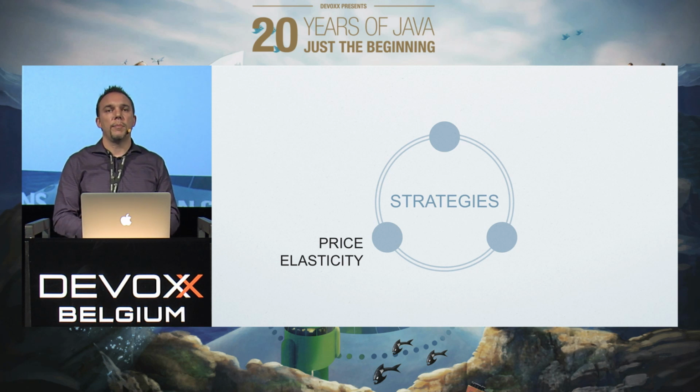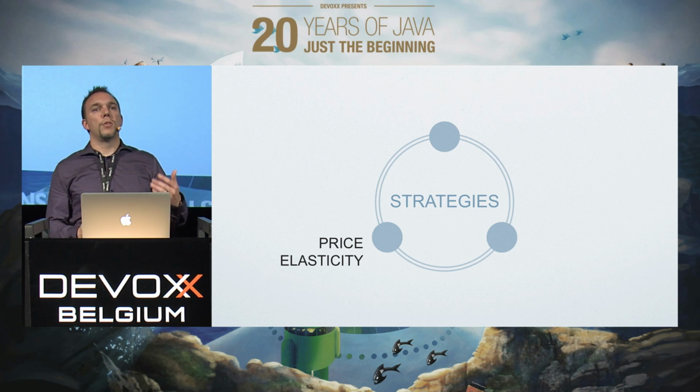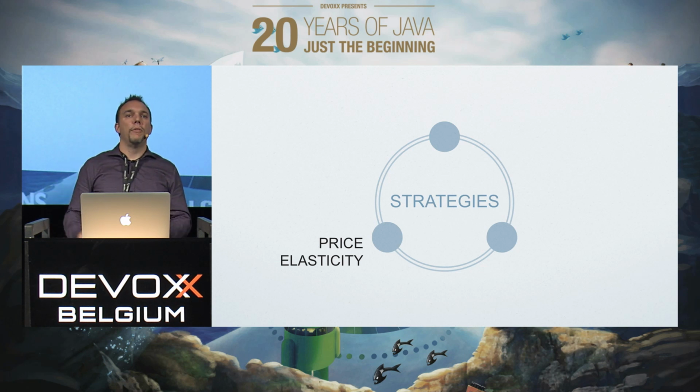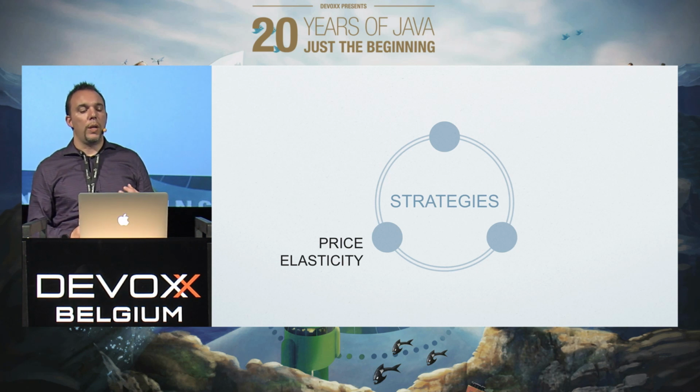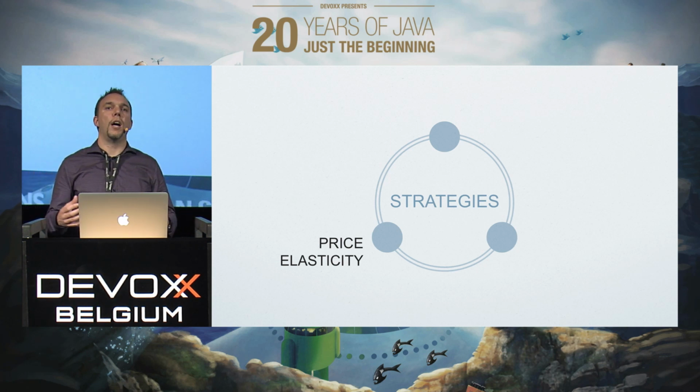It might be that customers are extremely price sensitive, and the slightest increase in price will cause customers not to buy from you anymore. It might also be that, frankly, whether you charge this price or double, they'll still keep on buying from you. That's elasticity. You have to understand how much space there is on your pricing.